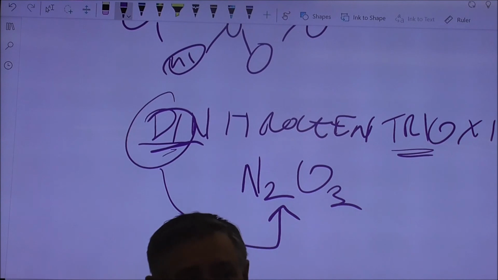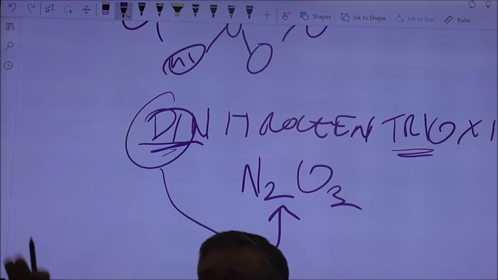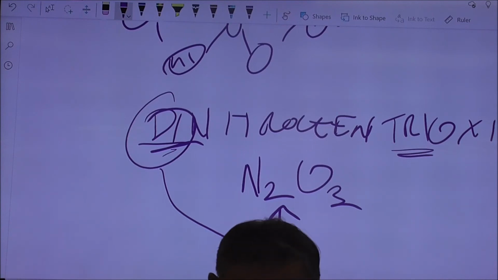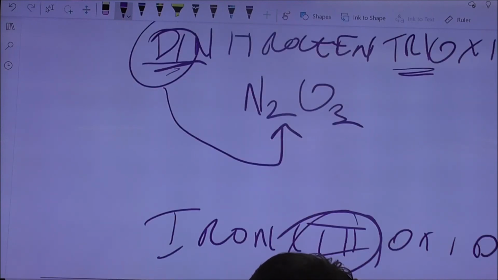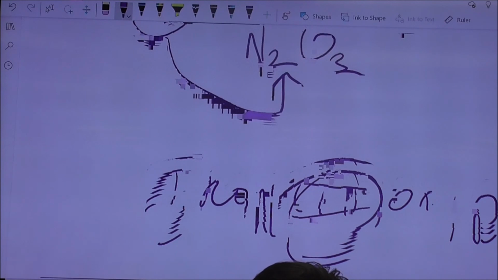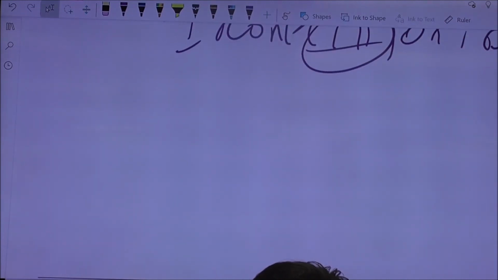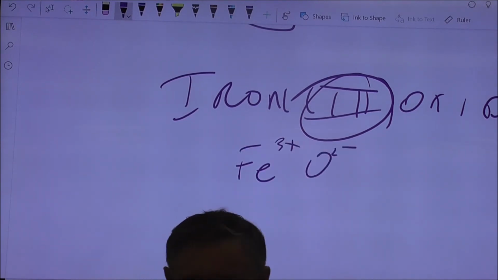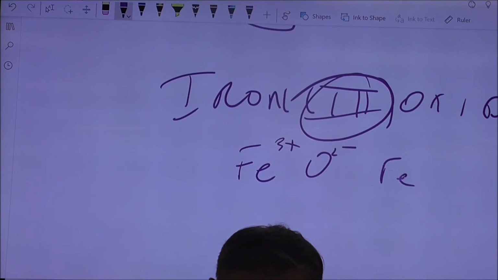Okay? And again, this will only happen when you have atoms that are in the top right-hand corner of the periodic table. This will never happen with metals. So like if I gave you Fe3+, oxygen is 2-, that's going to be Fe2O3. You will never do this. Don't ever come in here and go, oh, that's diiron trioxide.